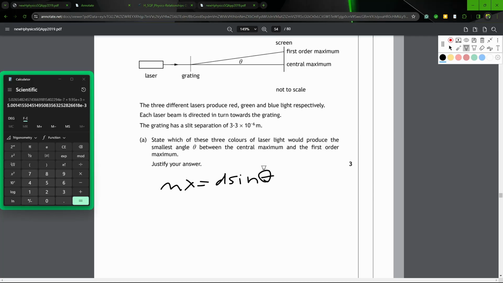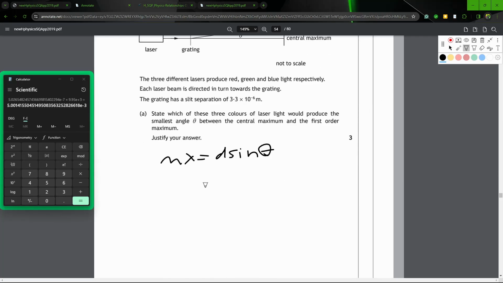If you want a small angle, you want sine of that angle to be small, because theta and sine theta are both increasing in the first quadrant, which is what we're looking at. d is going to stay the same. So the only way to decrease the angle is to have the smallest wavelength possible. And the smallest wavelength of these 3 lasers is blue light.